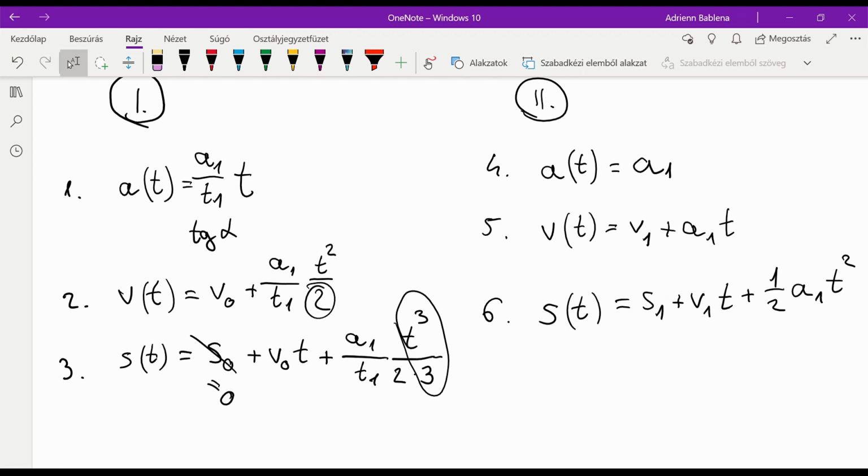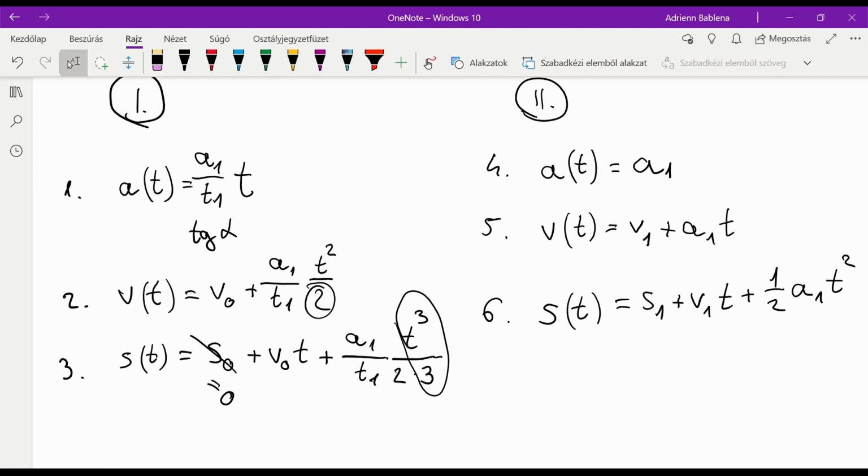Our first section starts from t0 and ends at t1, so our time interval in the first section is t1 minus t0, which is t1, because t0 is 0.